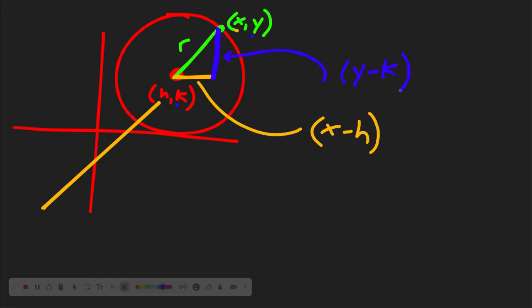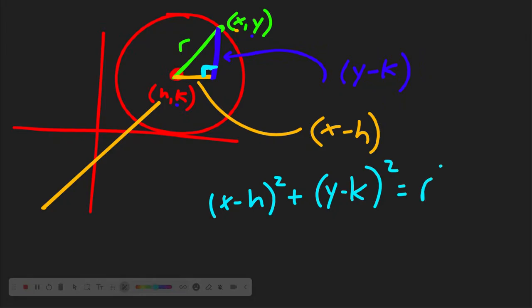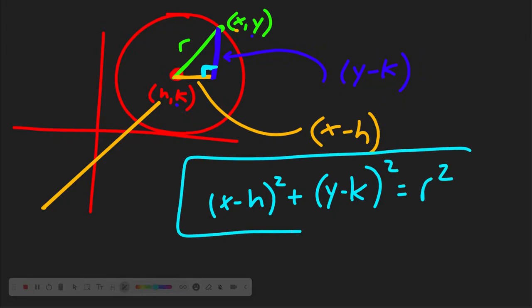And now, how are all these things related? Well, this is a right angle, right? So X minus H squared plus Y minus K squared equals R squared. Does anybody recognize that?